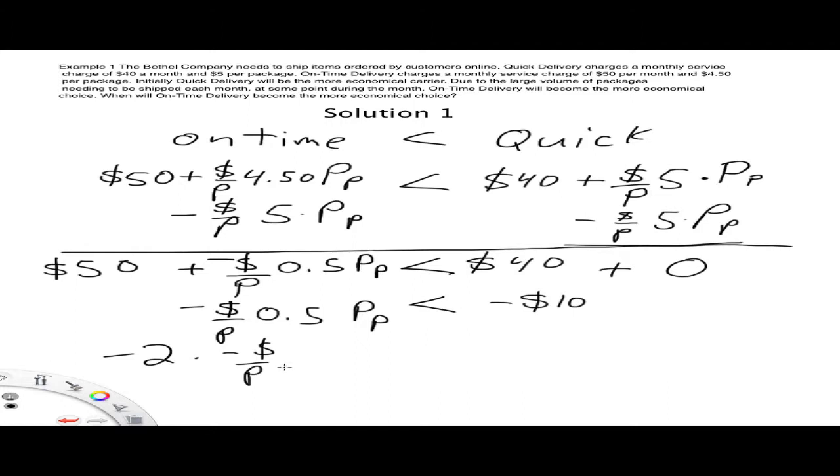And this has units. It's a reciprocal units because I'm getting rid of the leading term. And this is packages per dollar.